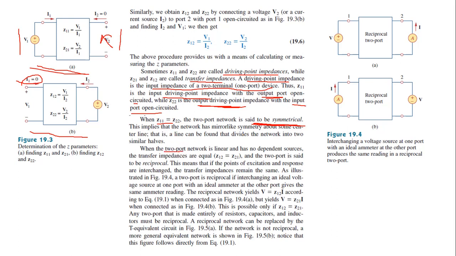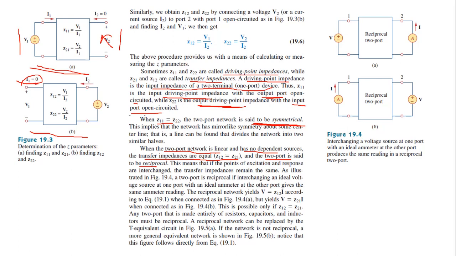Now, when a two-port network is linear, has no dependent source, and the transfer impedances are equal, that is Z12 is equal to Z21, the two-port is said to be reciprocal. So these are the conditions for a two-port network to be reciprocal.